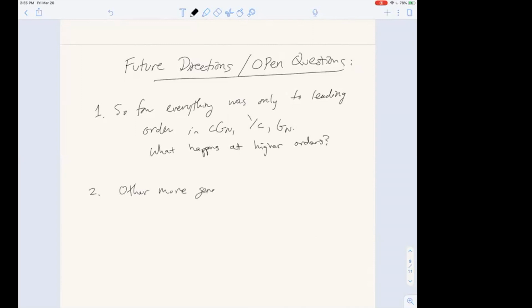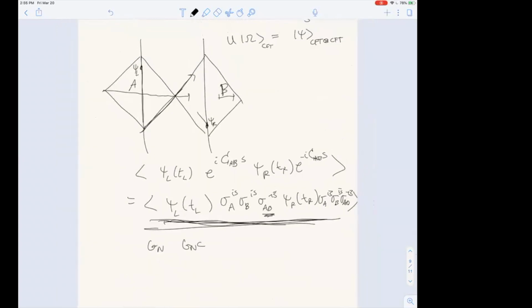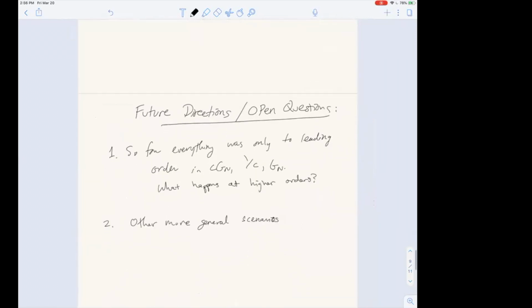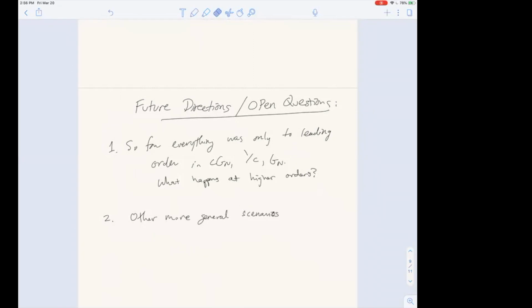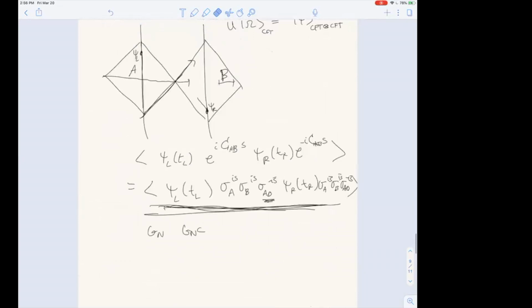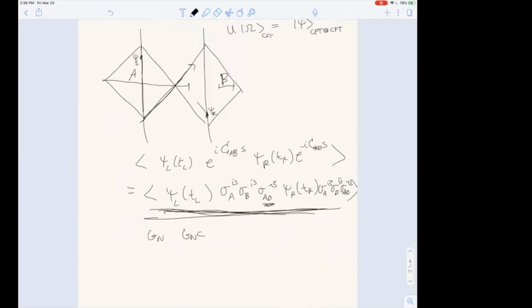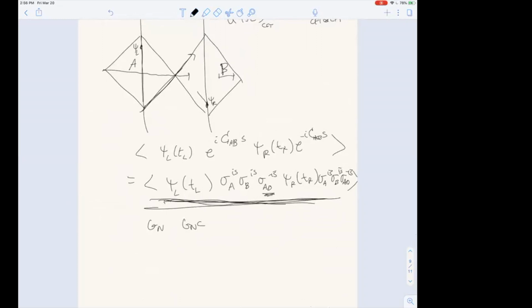Would you repeat that, is that why you needed large C? Yeah. Sorry. I think you might actually be right that for what I described, I only needed a small C G Newton. Well, sorry. Yeah, it's just that you want the entanglement. Yeah, good.